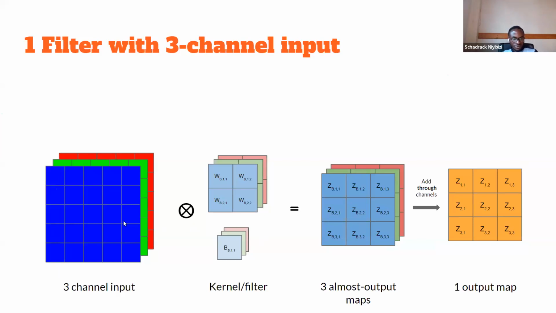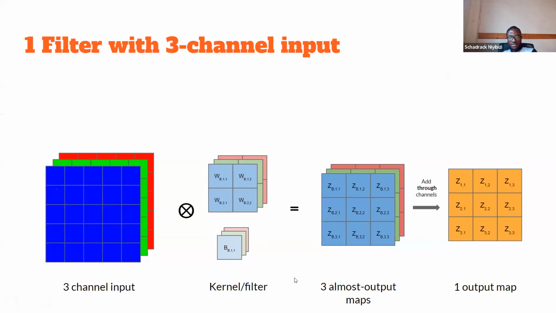Here is how we can illustrate this. We have 3 input channels. We have 1 filter or 1 kernel. That means we'll be having 1 output here, right? So we have these 3 channels that will be mapped, with the matrix multiplications here.